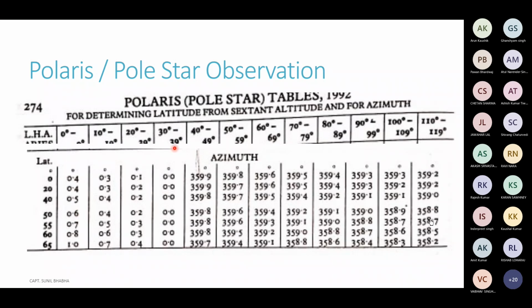In other ranges, other than these 2 ranges, everywhere else you will see the azimuth will have some value. Either it will be more than 000, 0.1, 0.4, 1.0, or it will be less than 360, 359.9. It's going up to 358.2.